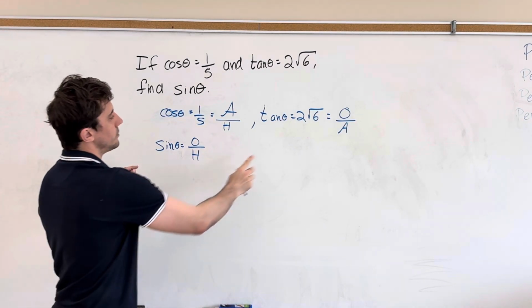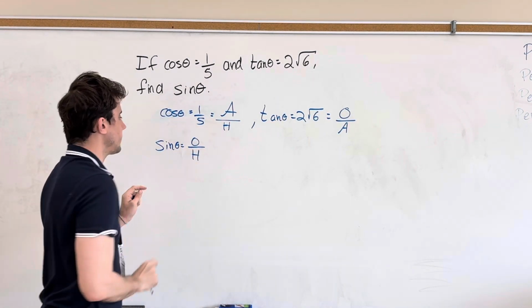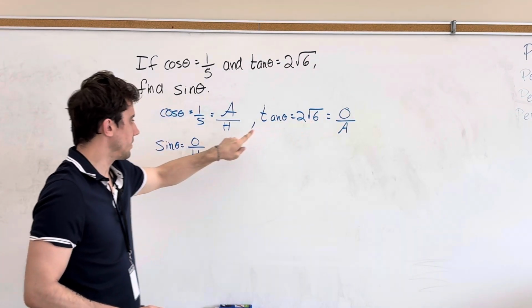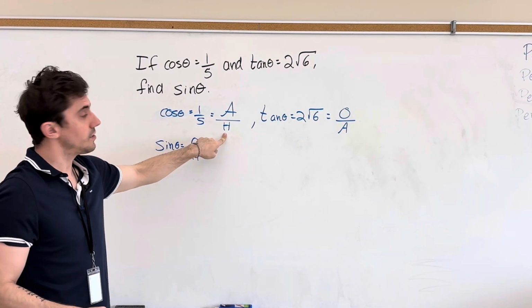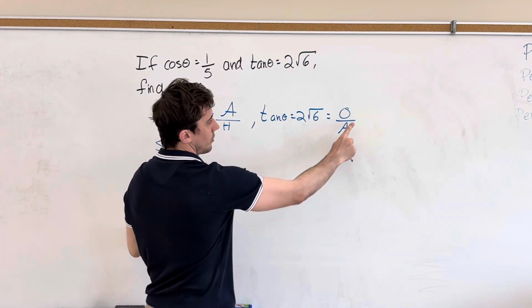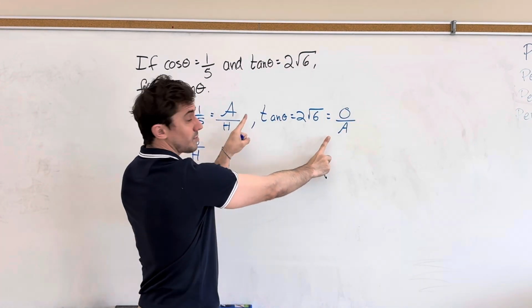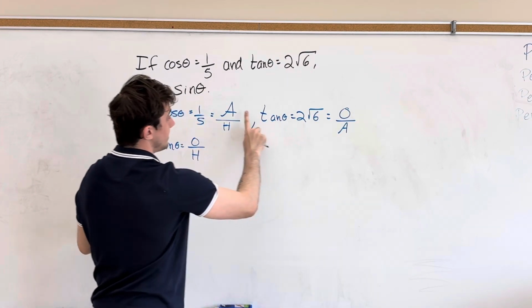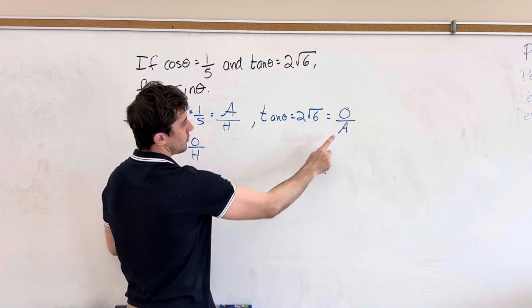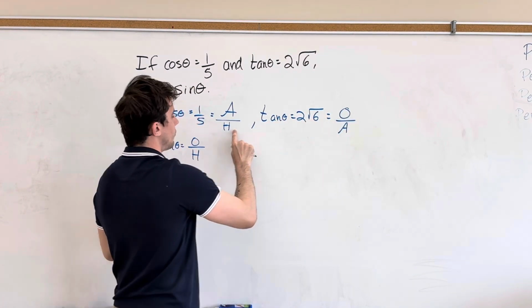And so how can we use these two to manipulate them so that we end up with the opposite over the hypotenuse? Well, you might notice that if we do a over h times o over a, the a's would cancel out if we think of it algebraically, and we'd be left with o over h.